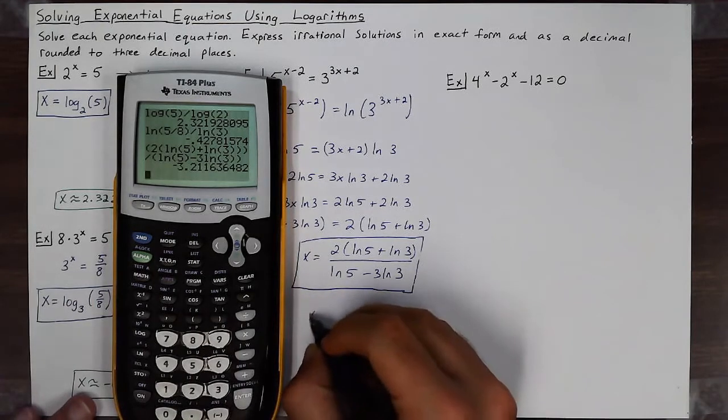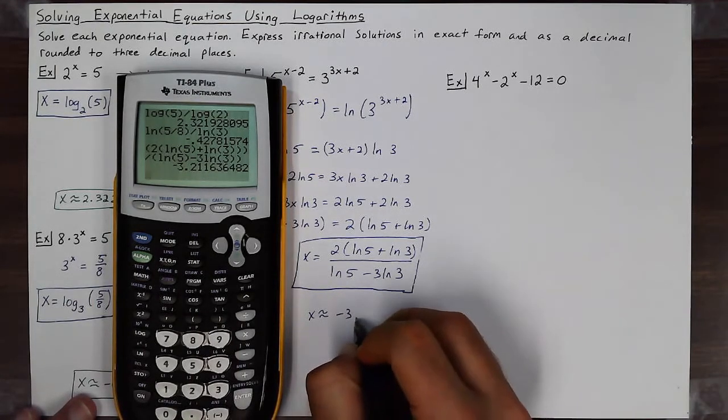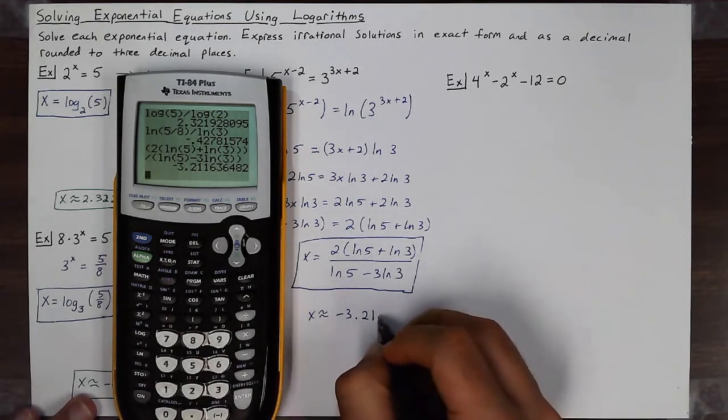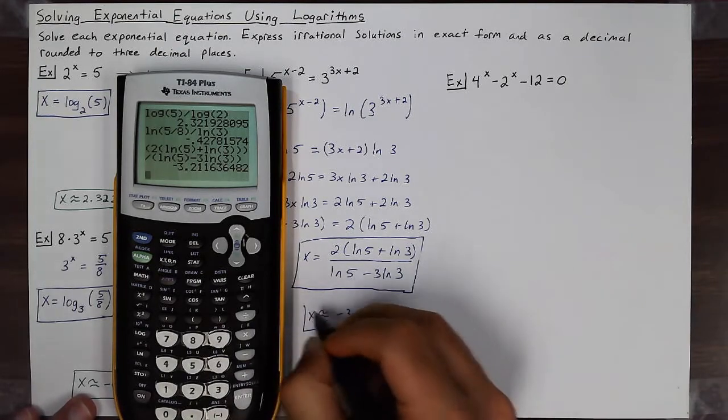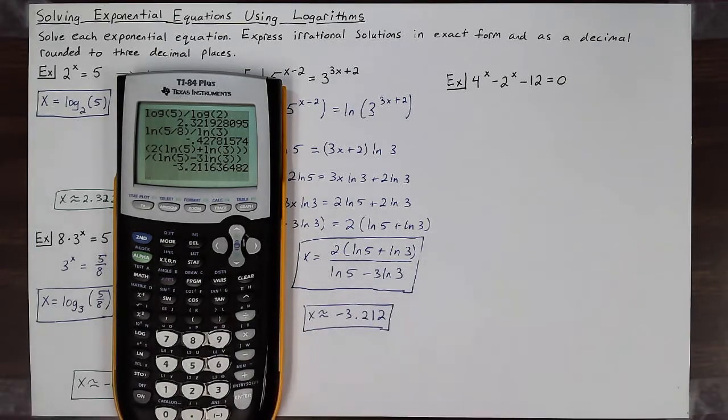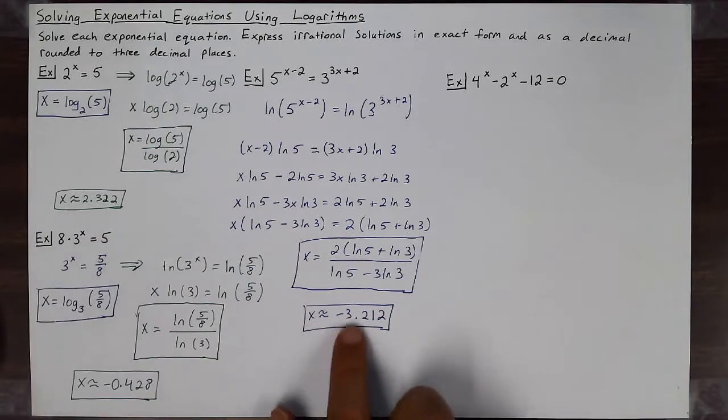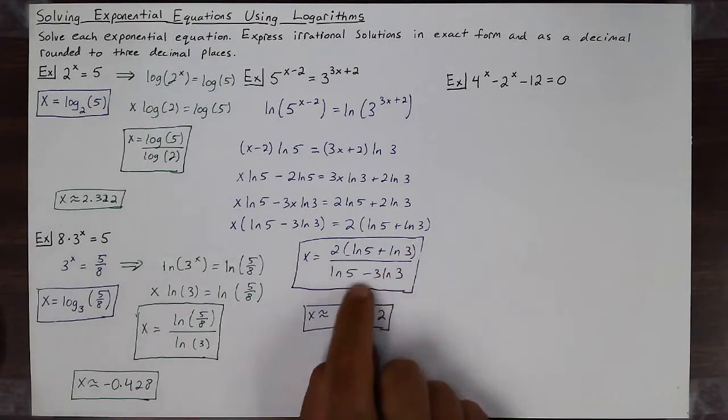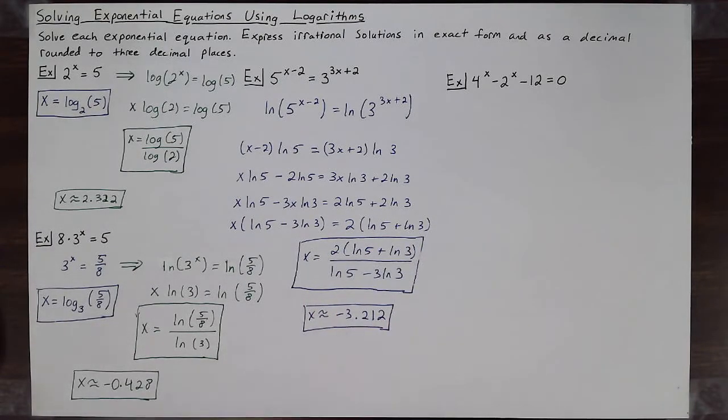That gives me x is approximately negative 3.212 when rounded correctly. So this might be a better looking solution here, because I don't really know the value of that just looking at it, but I'm like, oh, that's about negative 3.